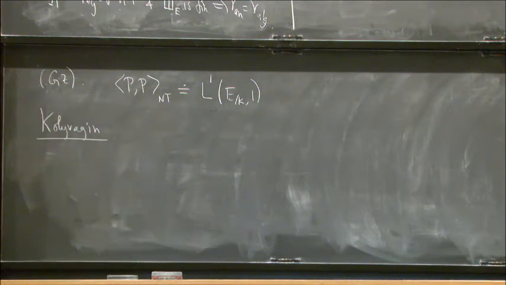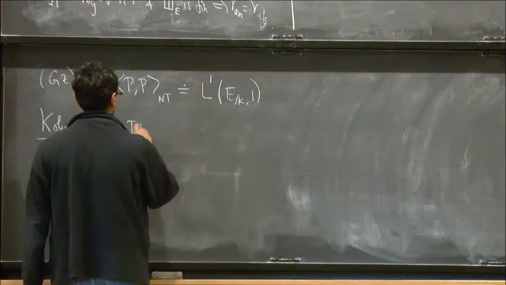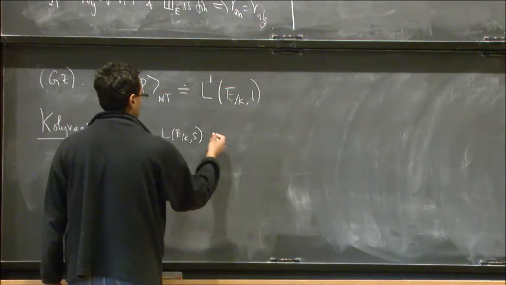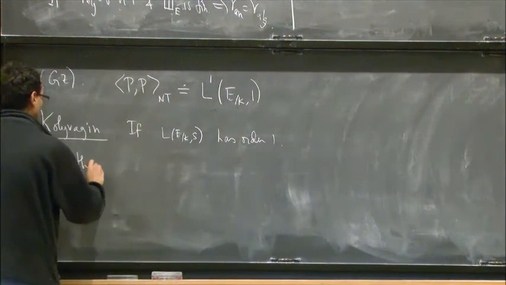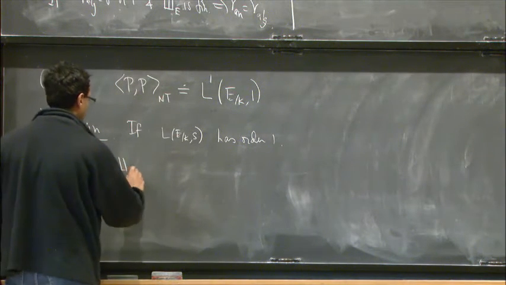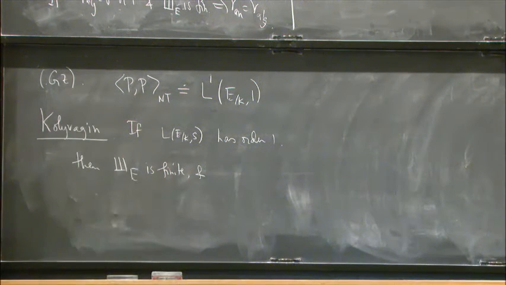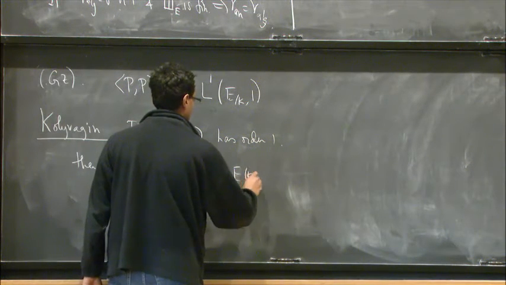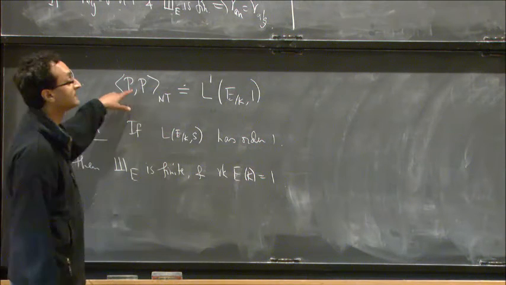So Kolyvagin, in fact, proves in this case that if the analytic rank of L over K has order 1, then SHA is finite, and in fact the rank of E(K) is 1. And the extra ingredient that one needs is that it's not enough to use the single Heegner point.